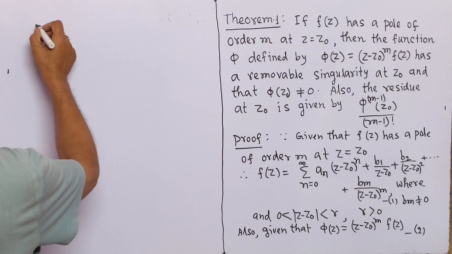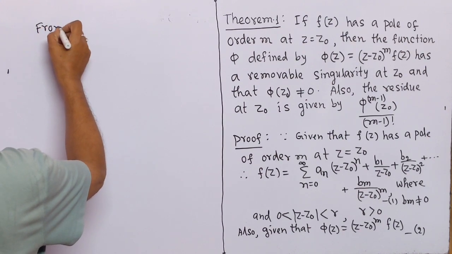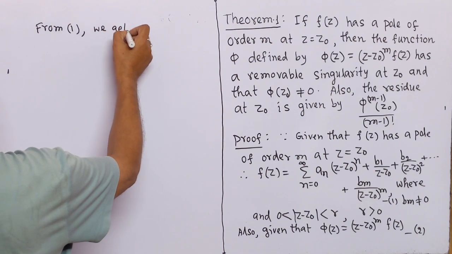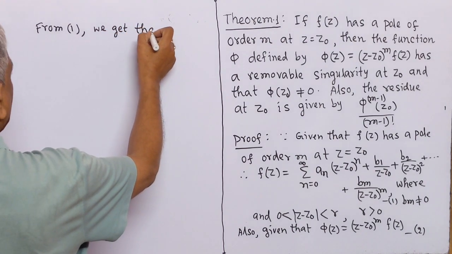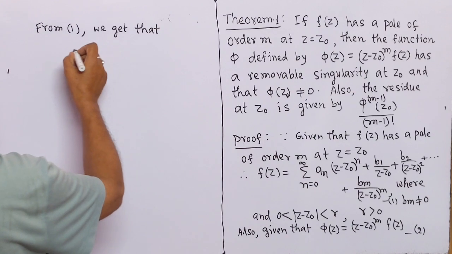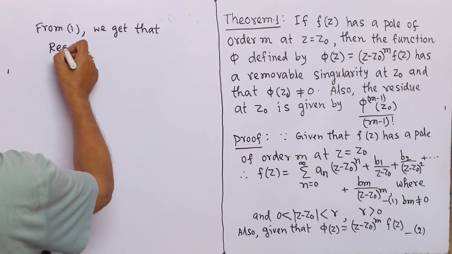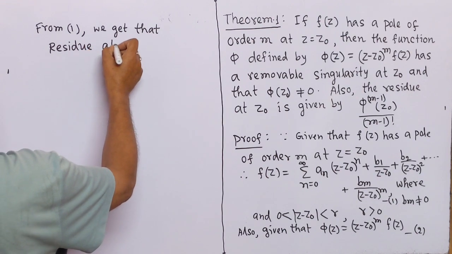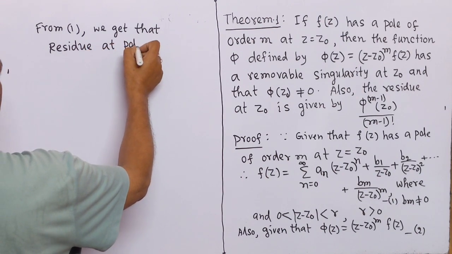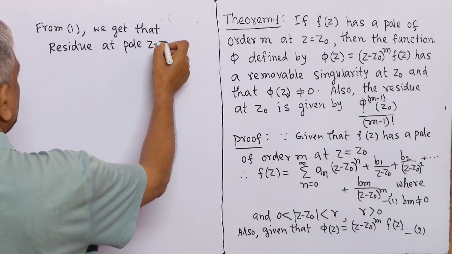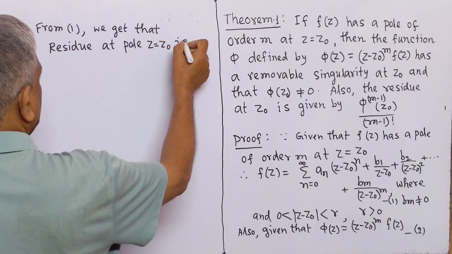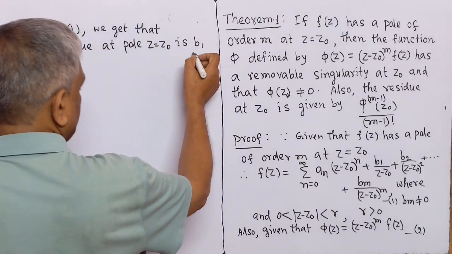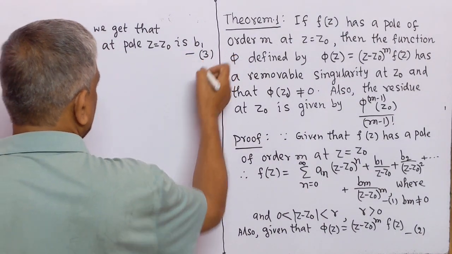From 1, we get that the residue at the pole z equal to z naught is b1. This is number 3.